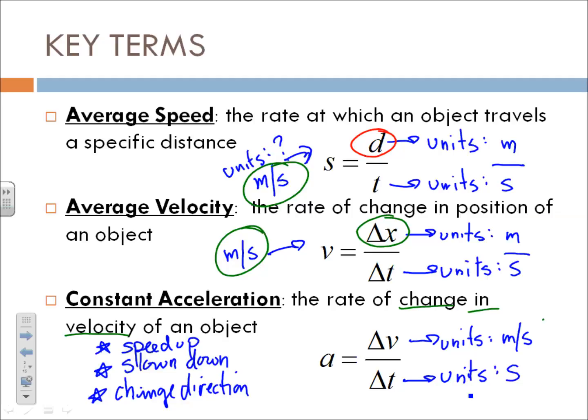And that gives us a very interesting unit. This is meters per second per second, all right? Otherwise known as meters per second squared. So what's that telling us? It's telling us how much our meters per second are changing each second, all right? We write it for convenience as meters per second squared. We can show that through dimensional analysis.